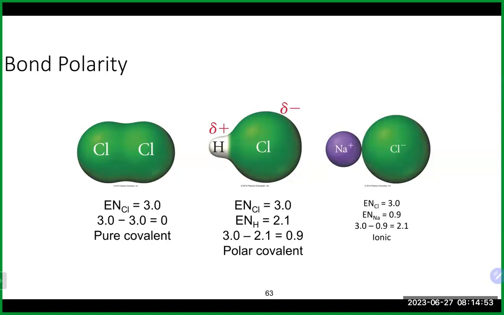Now, when we talk about bond polarity, as we touched upon last time as well, that is really where you use that difference in electronegativity values. And it will tell you specifically, between those two atoms, if that bond is going to be polar or non-polar. And you really don't need it for ionic bonds, because it should be a metal and a non-metal.